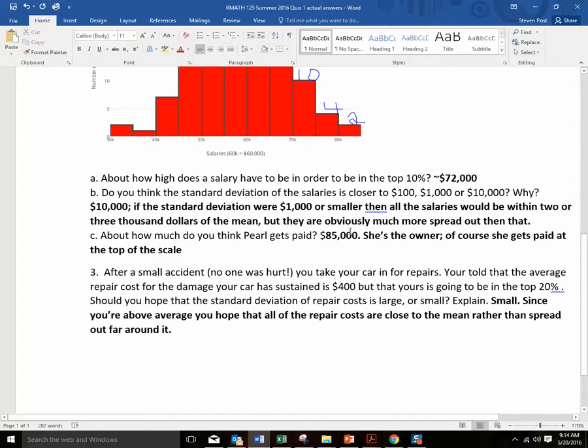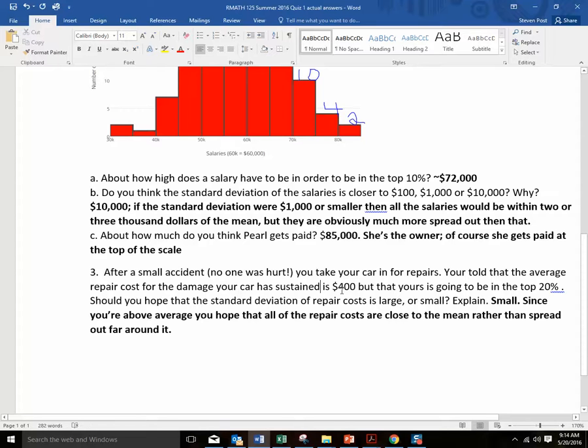Finally, question 3. Your car has a small accident, you take it in for repairs, and you're told that the average repair cost is $400. But yours is going to be in the top 20%, so you're going to be above average. Do you want the standard deviation to be small or large? Well, remember, standard deviation small means all the numbers are really close to the average. Standard deviation large means they're spread out far away from the average.